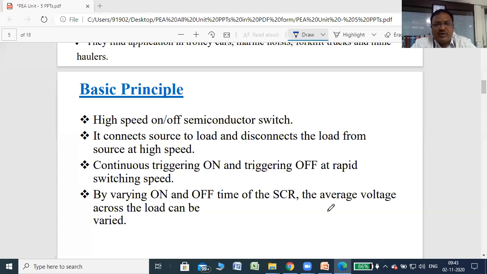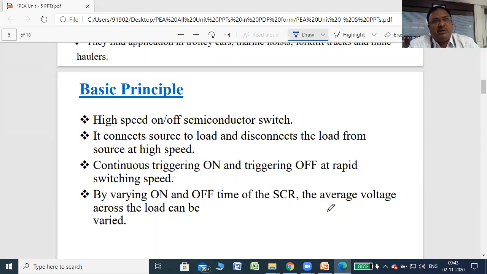By varying the on and off time of the SCR, the average voltage across the load can be varied. So like an inverter, again the switches used in the circuit are continuously turned on and off, and accordingly you will get an average DC output voltage.